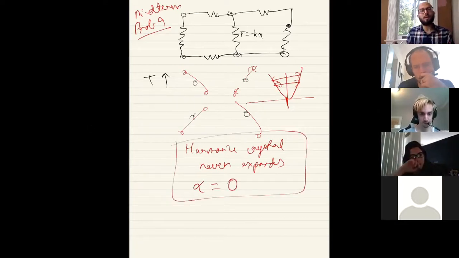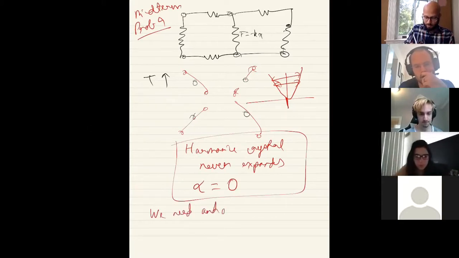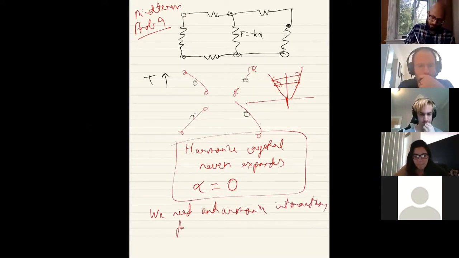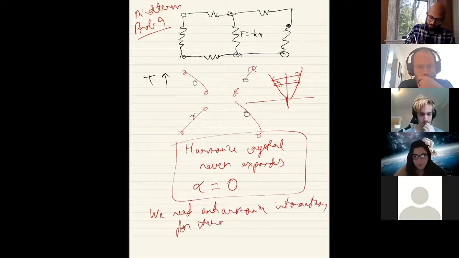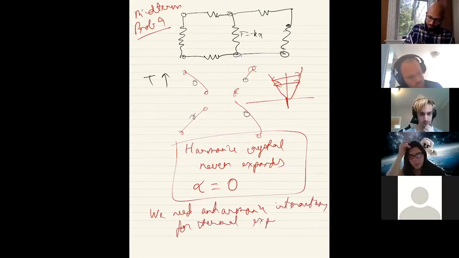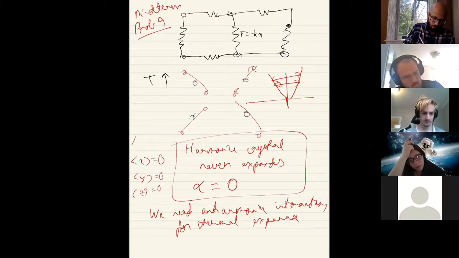In order for thermal expansion to happen, we need anharmonic interactions. And this really makes the problem easy because now you know that the average displacement in any direction is going to be 0. However, this does not mean that x squared is going to be 0. Those things will be different, and that's what you had to calculate.